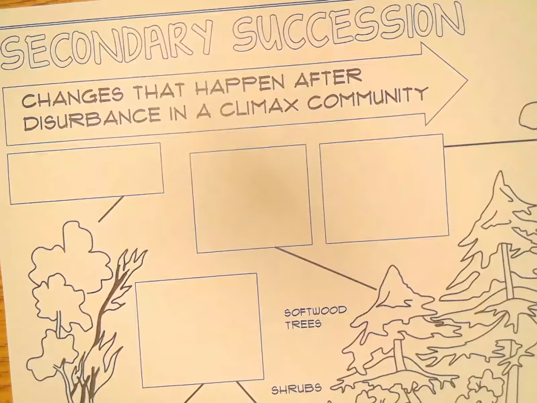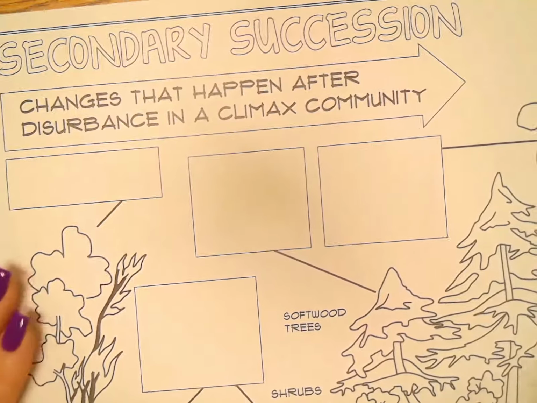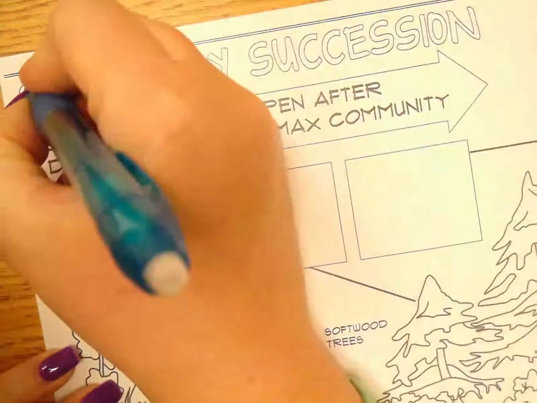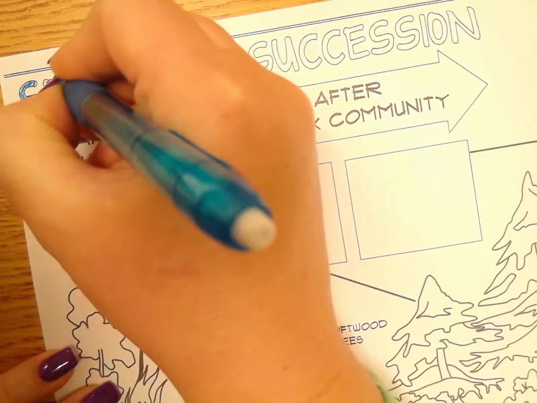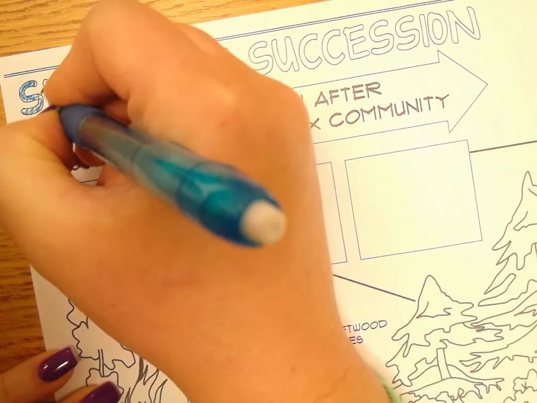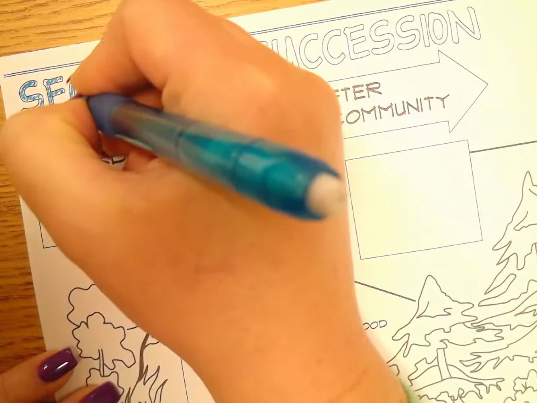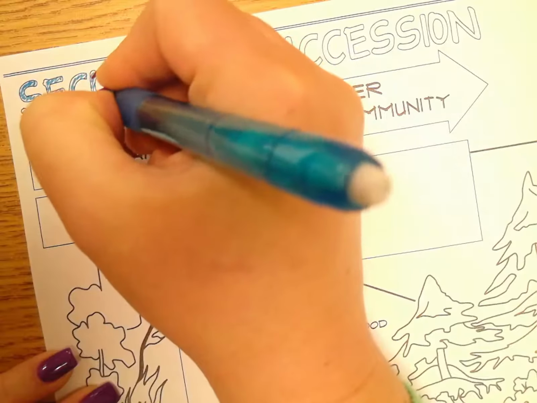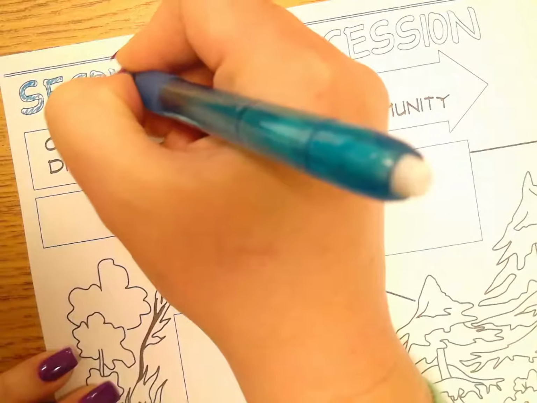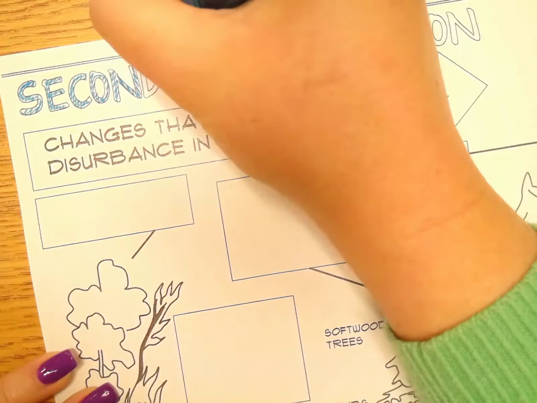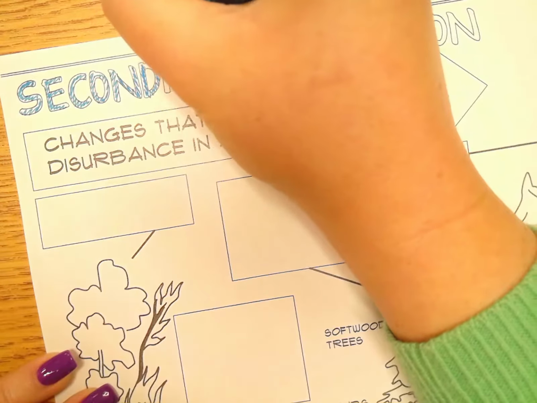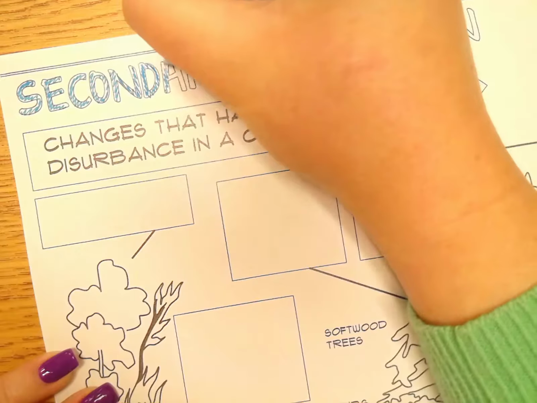So we're going to start with blue up here at the very top. We're going to color in our secondary succession words just like we did yesterday with primary, and tie it to some key ideas that make secondary succession different than primary. And remember, primary succession starts out with bare rock, right?